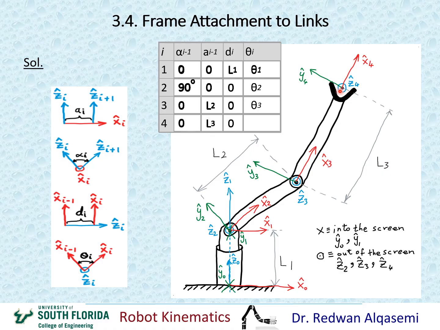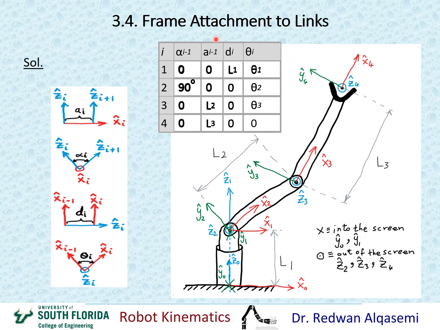There is no joint, so there is no motion, no rotation that would cause this to move. So x3 and x4 are always in the same direction; the direction between them never changes. The angle between x3 and x4 about z4 is obviously 0, and that's constant, because we don't have a joint right here. That means theta 4 here would be 0, so we're going to put a 0 right here.